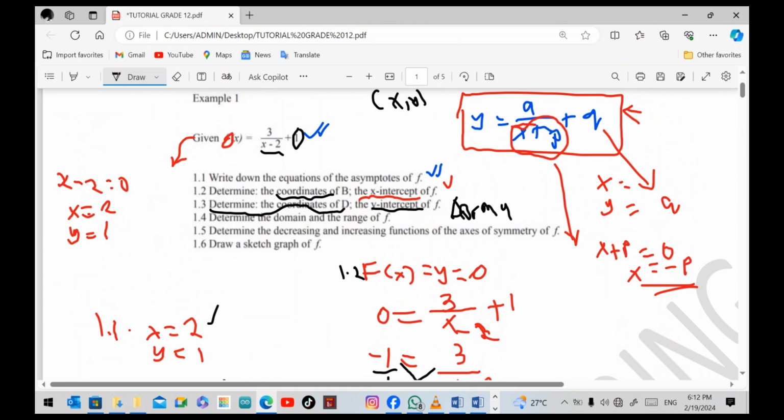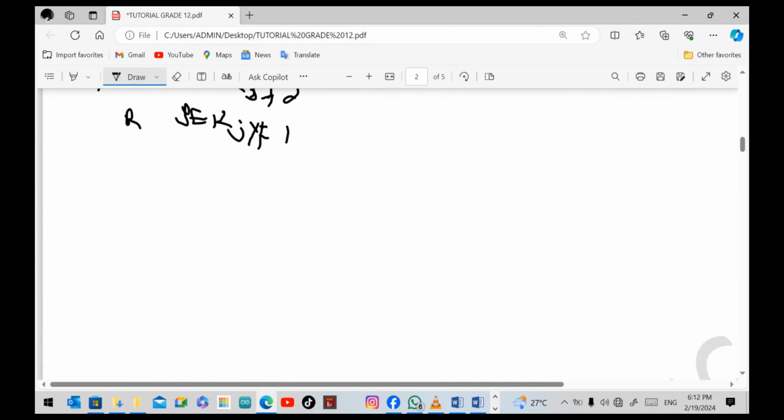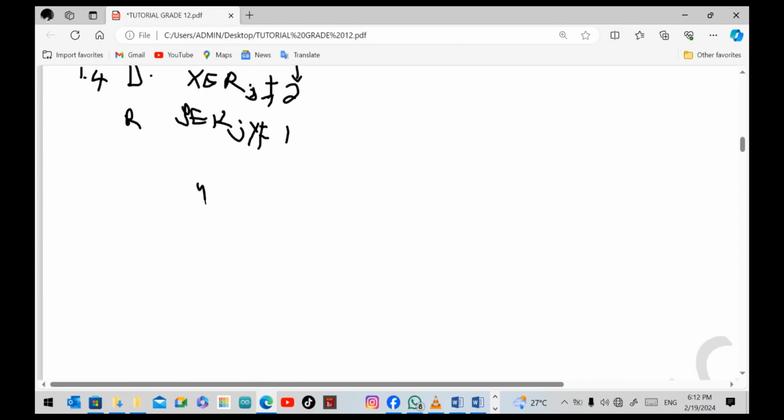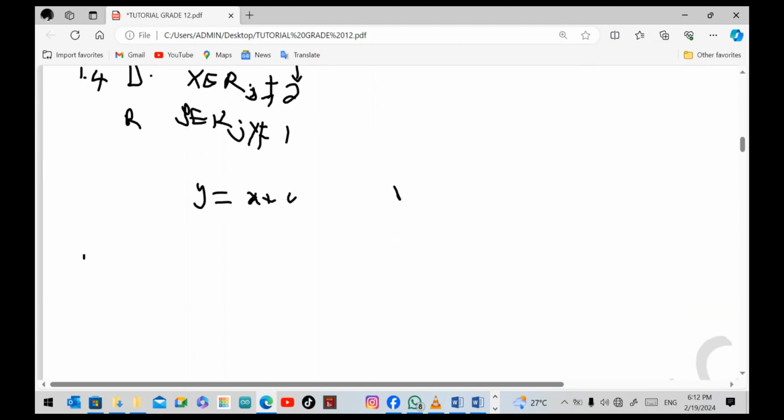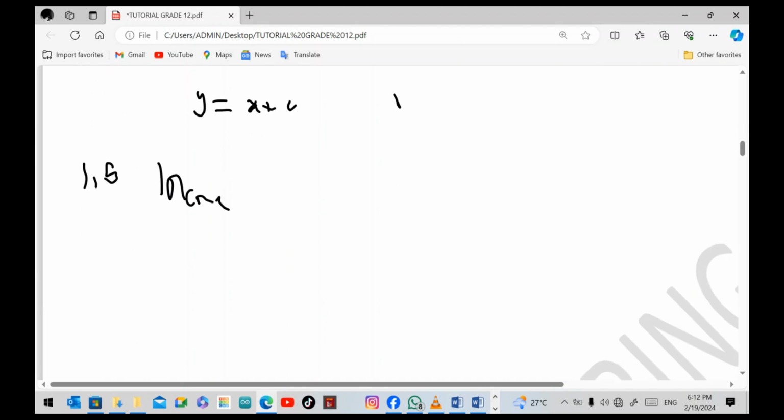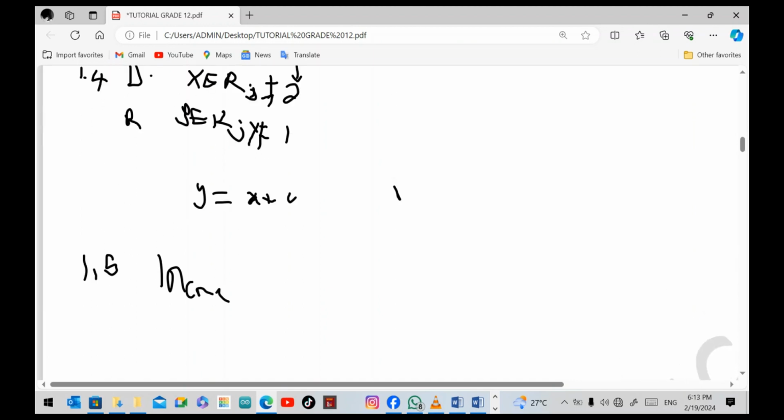Now determine the decreasing and increasing functions of the axis of symmetry of f. If we're talking about decreasing and increasing, we only have to find the axis of symmetry. The first one, increasing, is 1.5. The y asymptote is 1 and the x asymptote is 2.